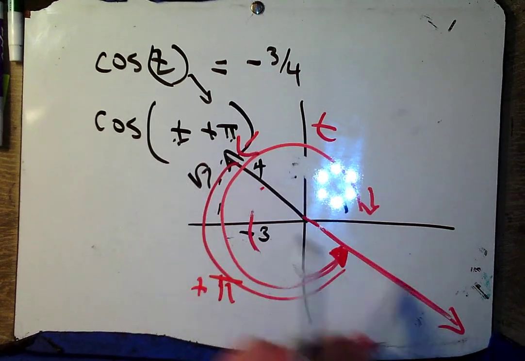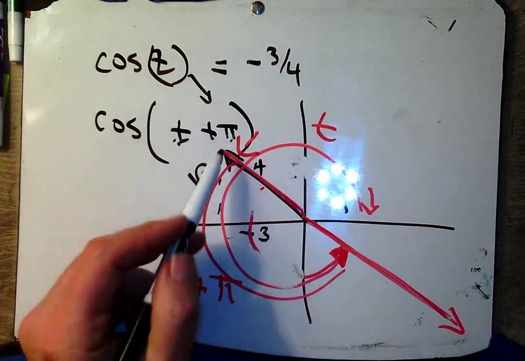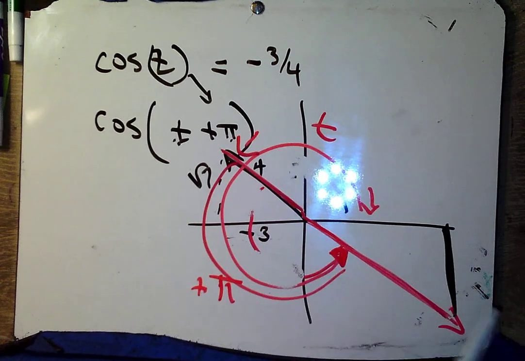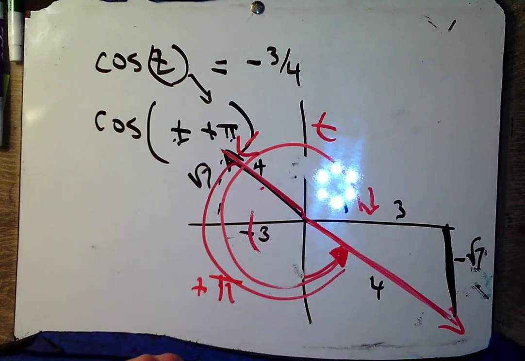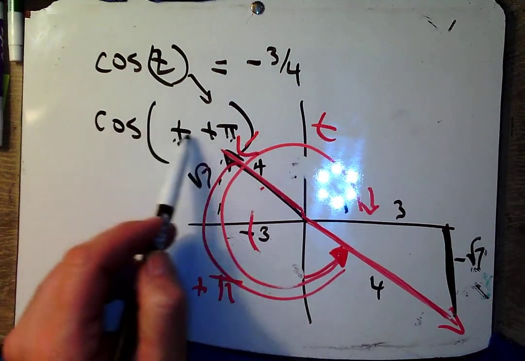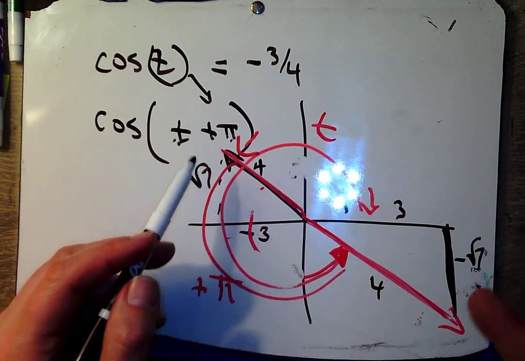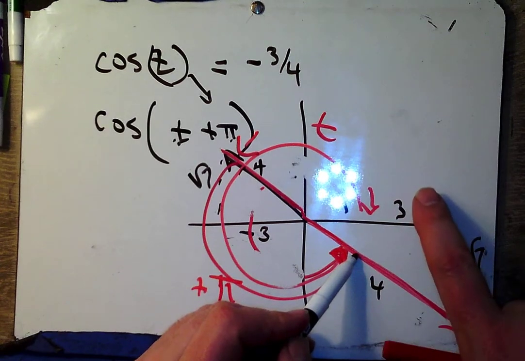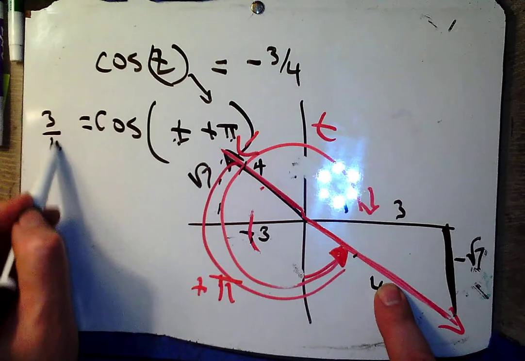Now, what's the relationship between over here and where t took us? Well, they're definitely on that line. And what can we say then? Well, this is going to be positive 3, this is going to be negative root 7, and this is positive 4. And so when I'm asked about the cosine of t plus pi, I notice here that if I add pi to that angle, now my cosine, instead of being negative 3/4, is positive 3/4.